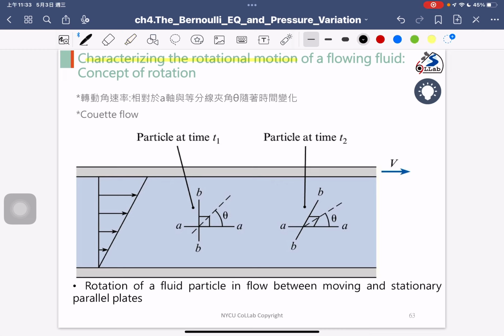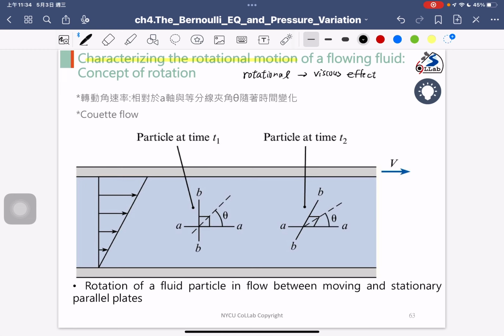If we say there is some rotation in our flow field, that indicates the viscous effect will be involved in your problems. So if your flow starts to rotate, that indicates the viscosity effect is important.